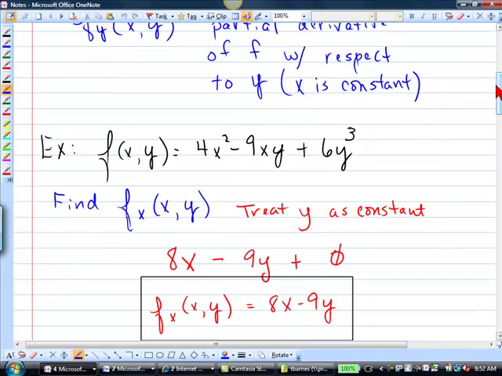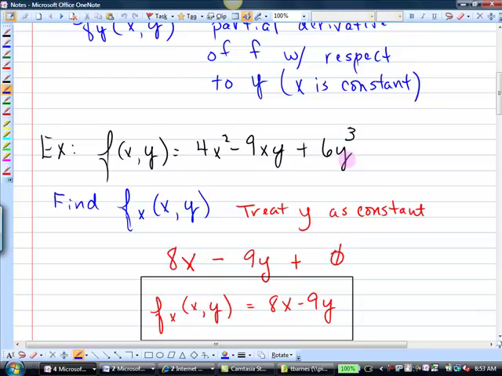All right, so the derivative of 4x squared is 8x. The derivative of minus 9xy, remember y is like a number attached to the 9, so that's going to be minus 9y. And then we have plus 6y cubed.